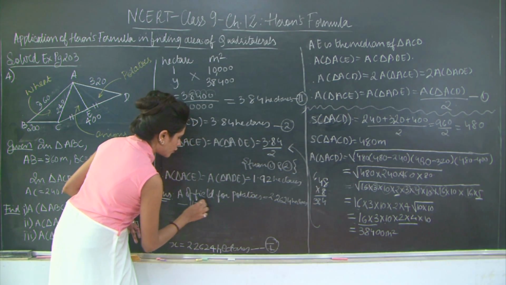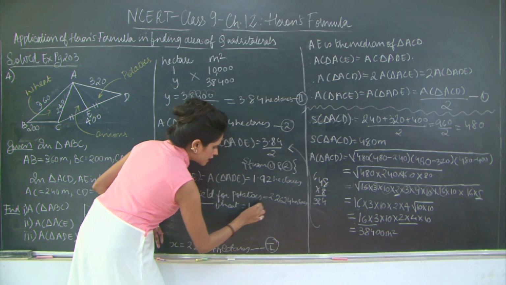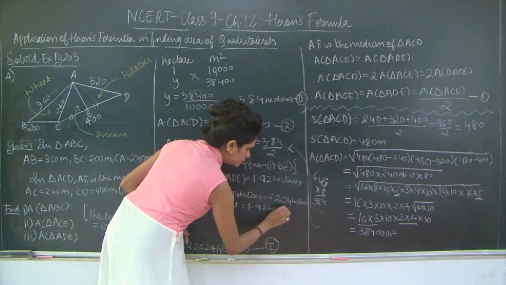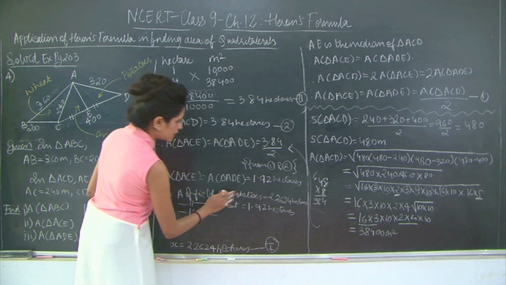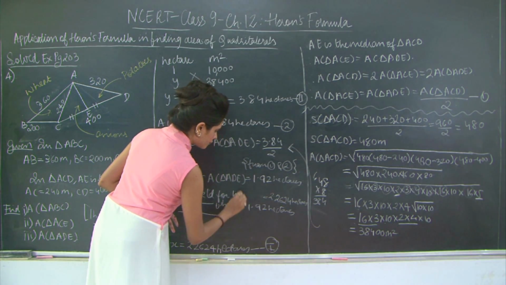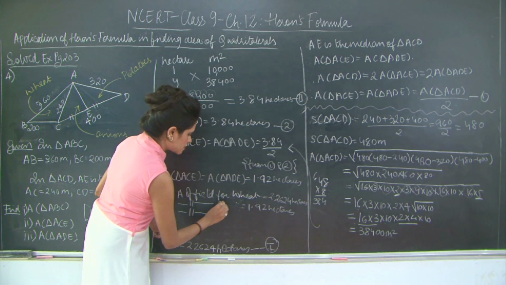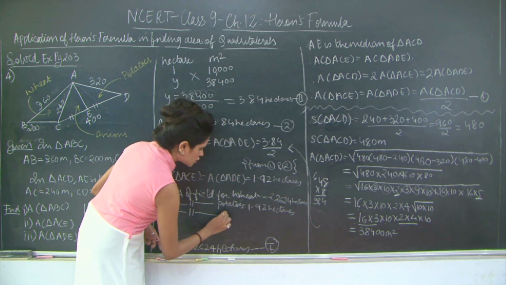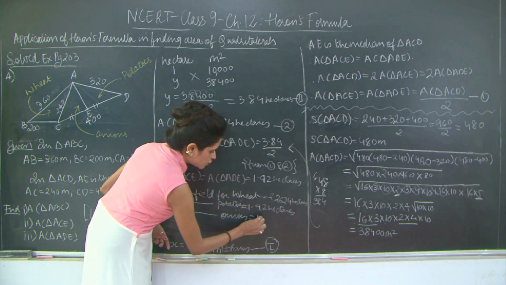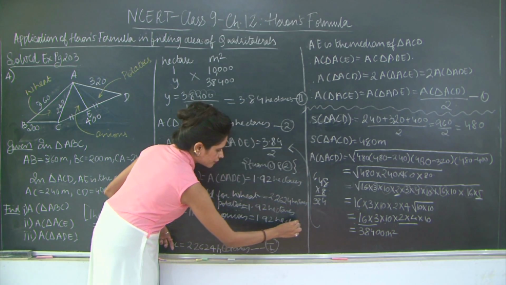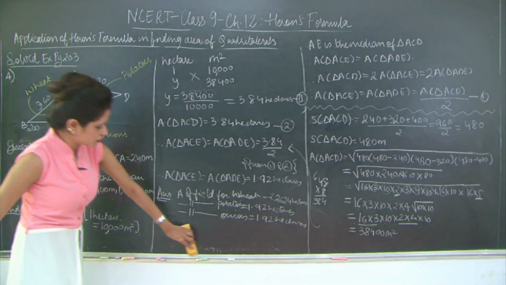Then area of field for wheat is 3.84 hectares. Just one moment, this would be for wheat. For onion and potatoes it is same, right? So this would be potatoes and this would be onions, is equal to 1.92 hectares. Okay, so I'm erasing this section as well so that you don't get confused. Please take a look at the solution.